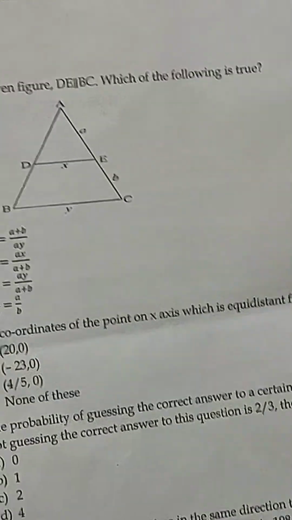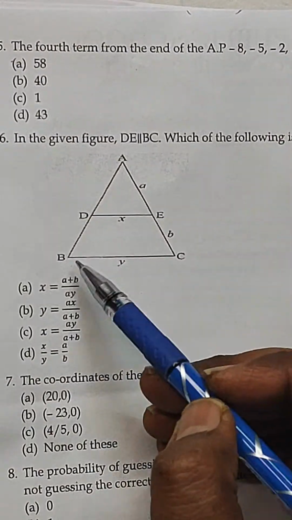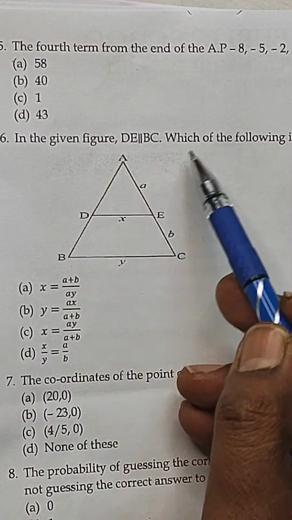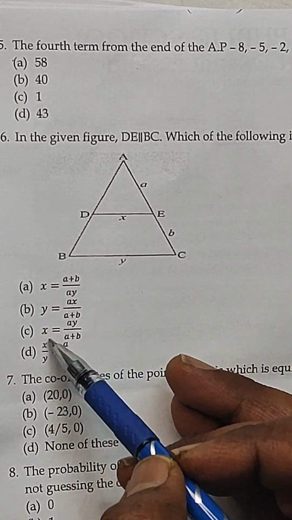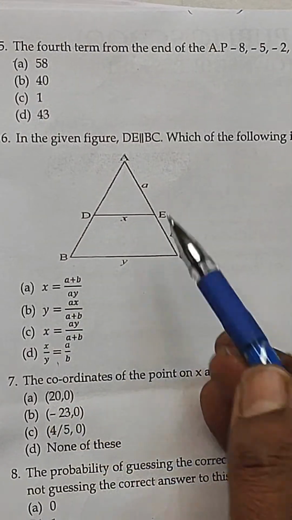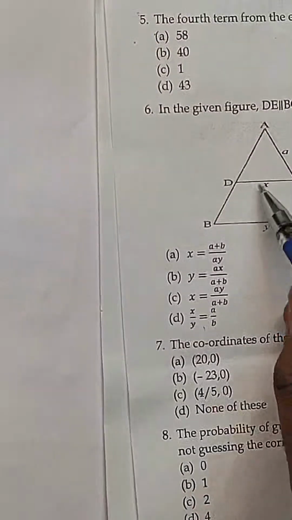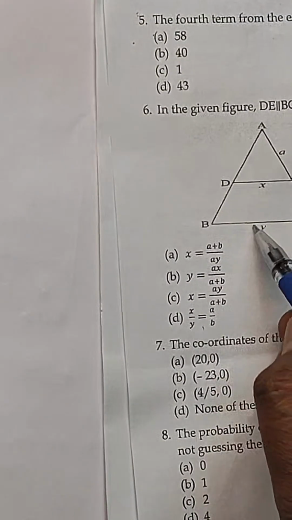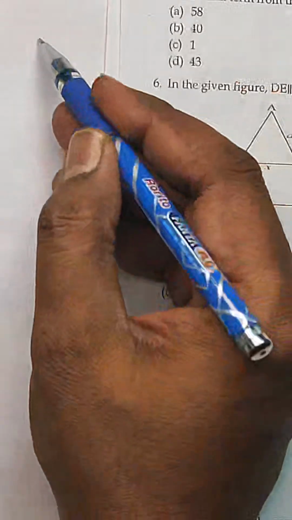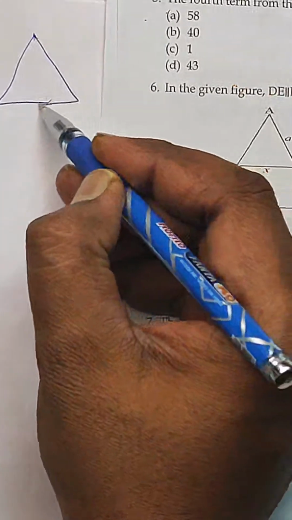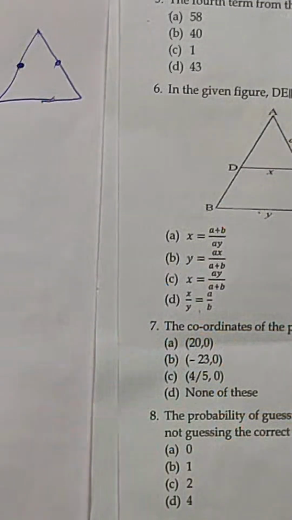So let us come to the next question. In the given figure, DE is parallel to BC, right? So here, which of the following is true? X equals A plus B by A, Y, X plus A plus B. If you remember the formula, if in the triangle, the midpoint theorem, just remember it, right?